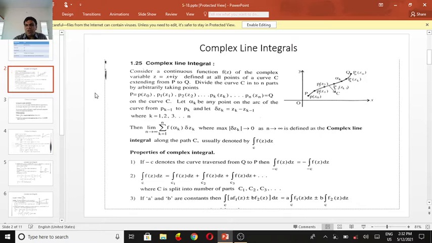So P equals P0 of z0, P1 of z1, P2 of z2, etc., Pn of zn, which is equal to Q on the curve C.